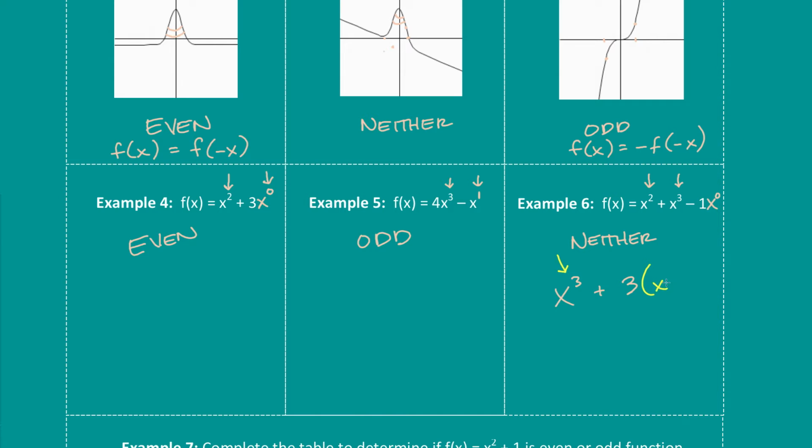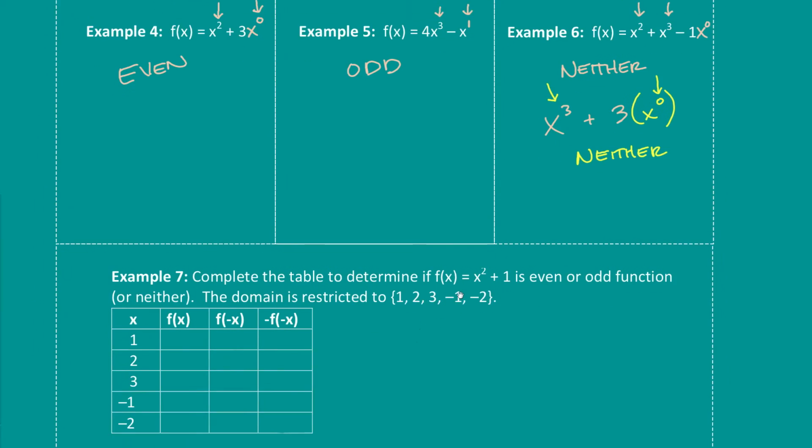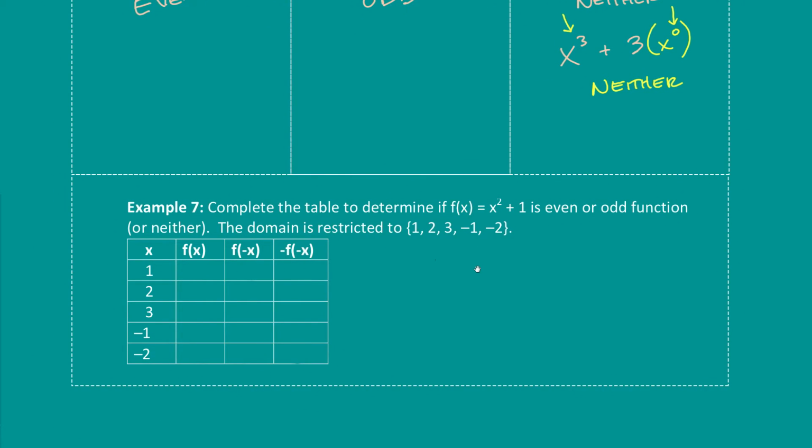Remember that this is an implied x to the 0 because anything to the 0 power is 1. So this is odd, this is even, that means this guy would be neither. So you've got to be aware of certain tricks that I'll try to throw at you on the test. Always be aware of what you could potentially see on a test.